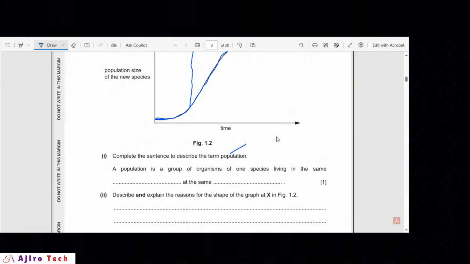When you have a group of organisms of different species that interact together in a given area, that's a community. But when you have one species, that is a population.